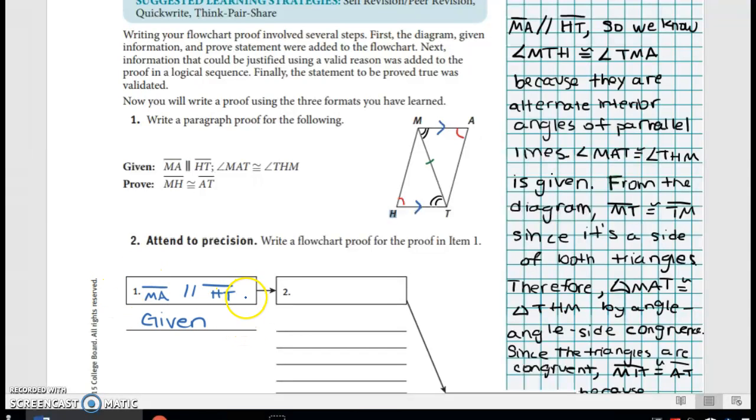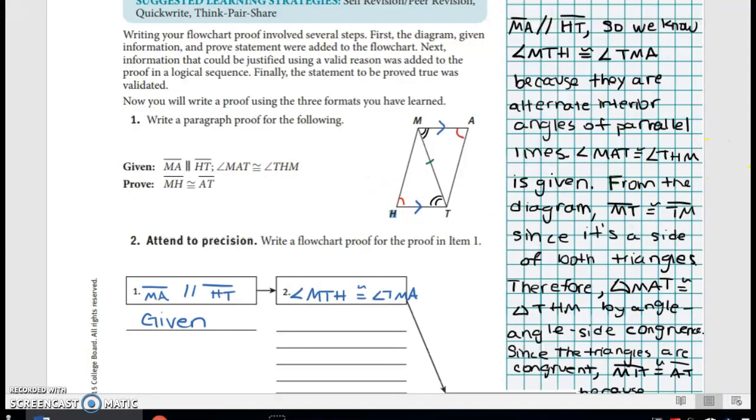Now using this information, just like we did in our paragraph proof, we can say that angle MTH is congruent to angle TMA because if two parallel lines are cut by a transversal, the alternate interior angles are congruent.